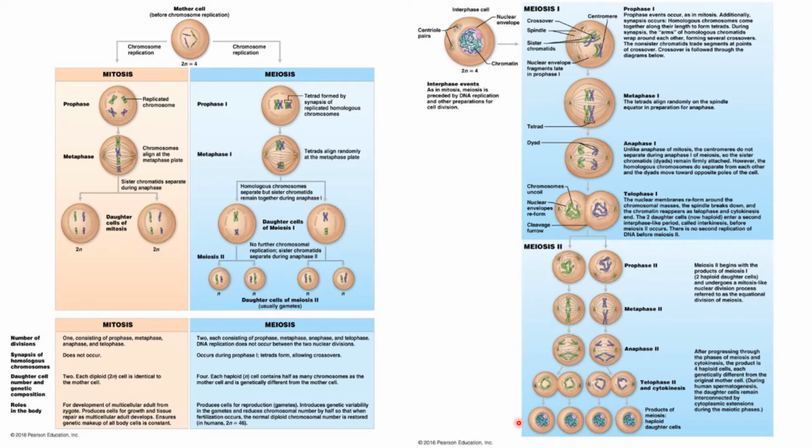So our eggs at the end of the day are going to only carry 23 chromosomes, and sperm are also going to carry 23 chromosomes. So that if fertilization does take place, the chromosomes of the egg will combine with the chromosomes of the sperm, and we will make a zygote that carries the full set of the chromosomes, which are 46 chromosomes.